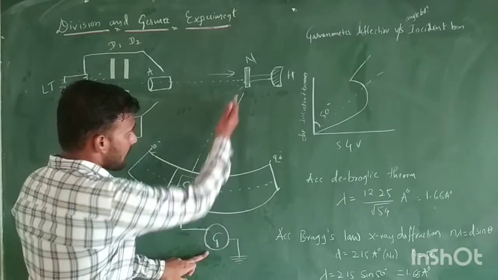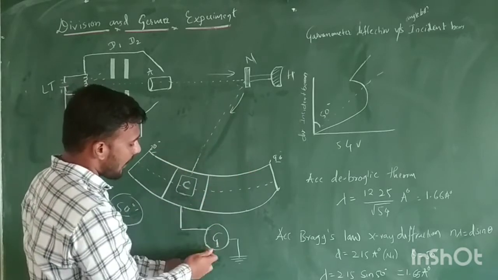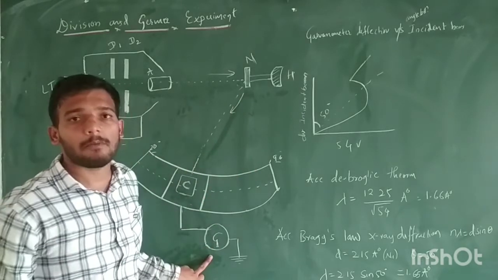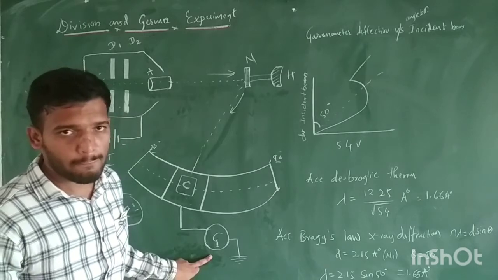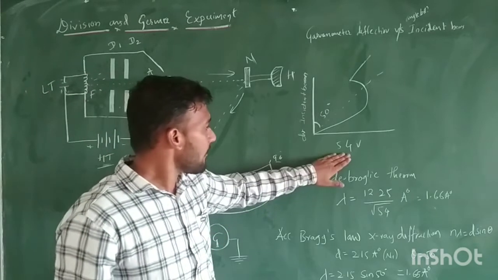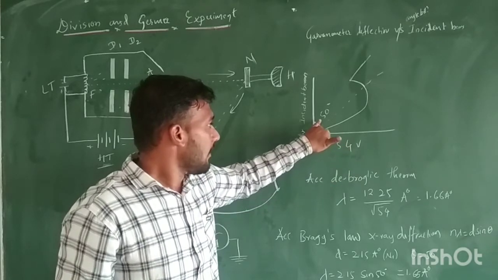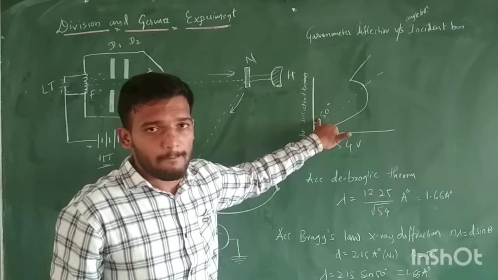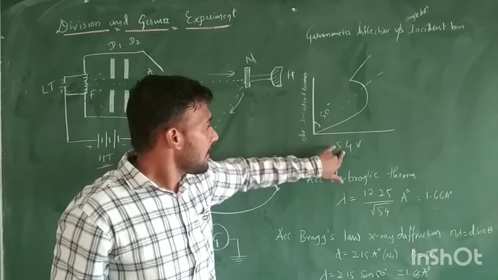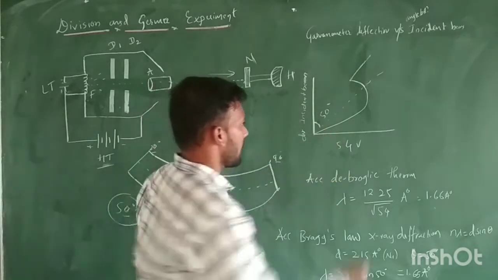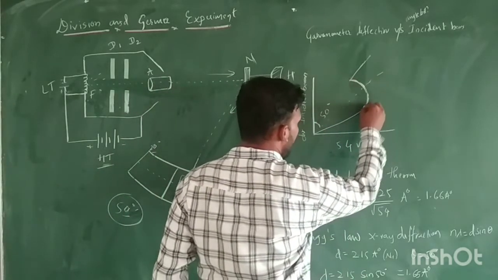Because as this angle changes, the deflection of the galvanometer also changes. At 54 volts the incident angle is 50 degrees. So here you get a spur, a curve like this.